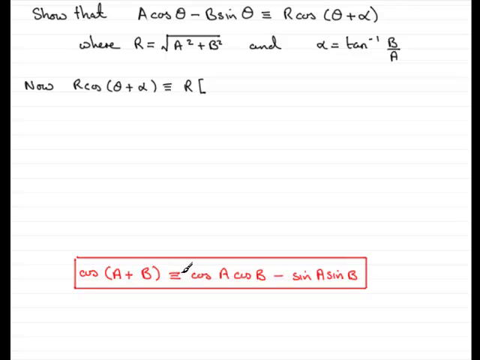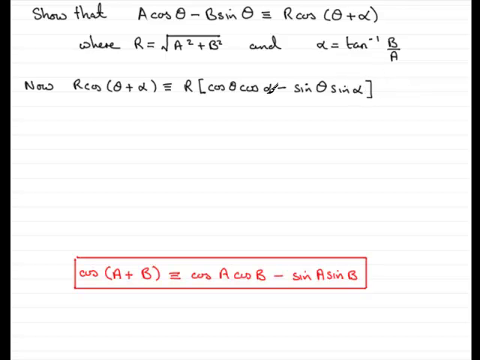Cosine of a plus b is identical to cosine a cosine b minus sine a times sine b. So if we let a correspond to theta and b be alpha, this becomes cos theta times cos alpha minus sine theta sine alpha.